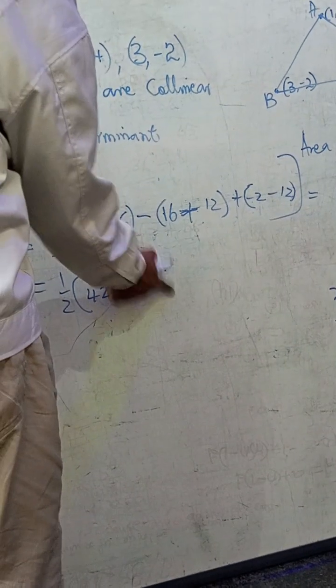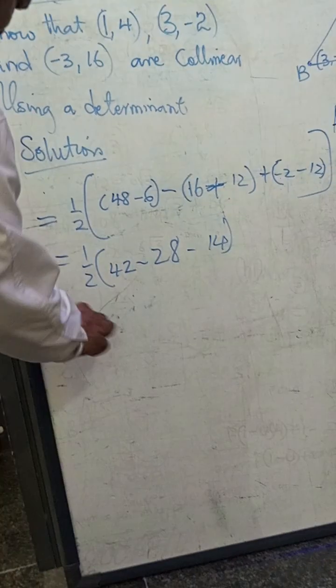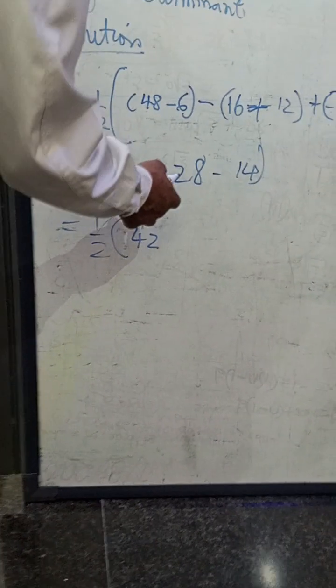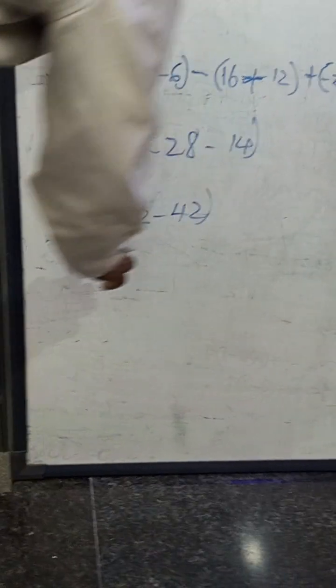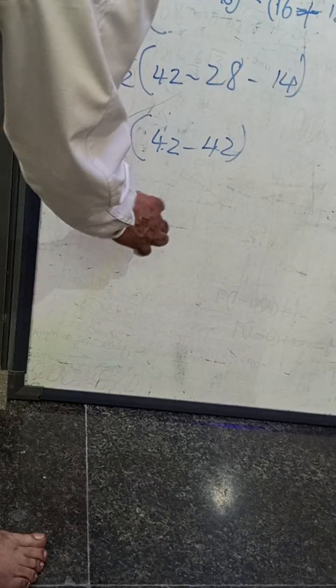That automatically changes this plus sign to minus 14. So let's see what we are going to get. 42 minus 28 minus 14 will give us 0. So we have half into 0, that's 0.